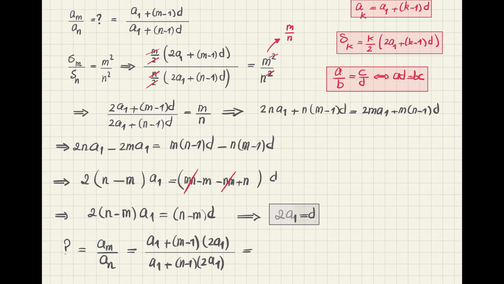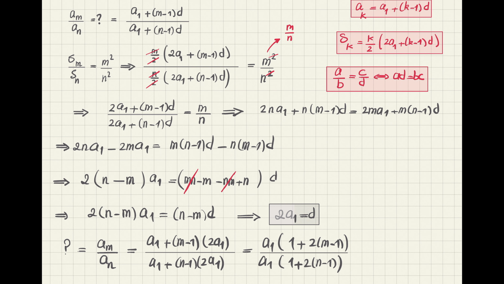Yes, now in the numerator I can factor a1 out, so it is 1 plus 2 times (m - 1), and the same for the denominator. Okay, so you see what I have done. I pulled this a1 out, so from this term 1 is left, from this term 2 and m minus 1 is left, and I have written the same for the denominator.